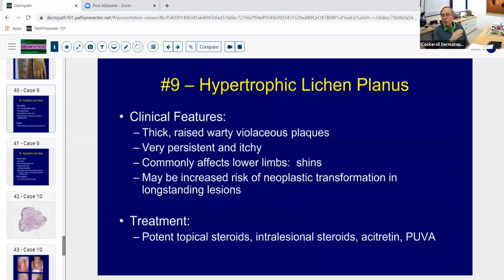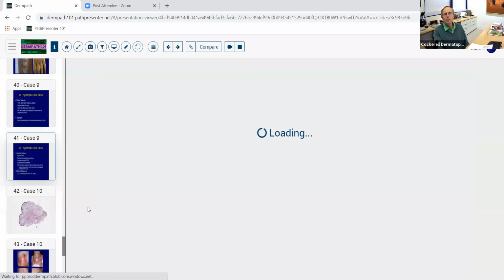Just remember that when you shave pseudoepitheliomatous hyperplasia, either this condition or the infectious condition we talked about before, you're liable to get back a wrong diagnosis. So the shave biopsy is not good in these settings. It can be misleading, and it's not a good situation.